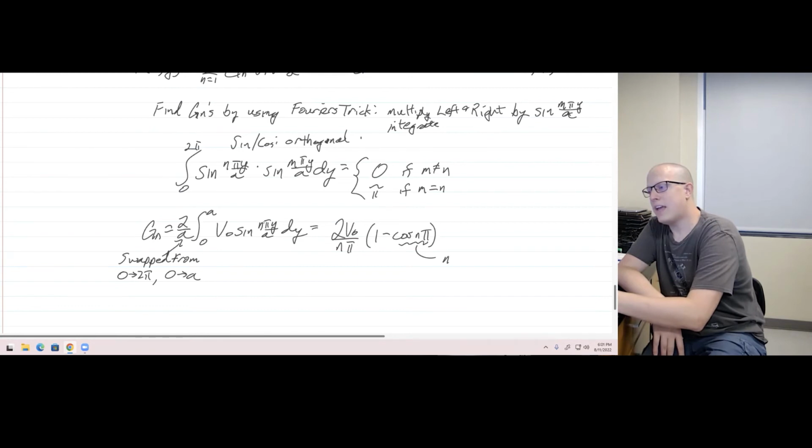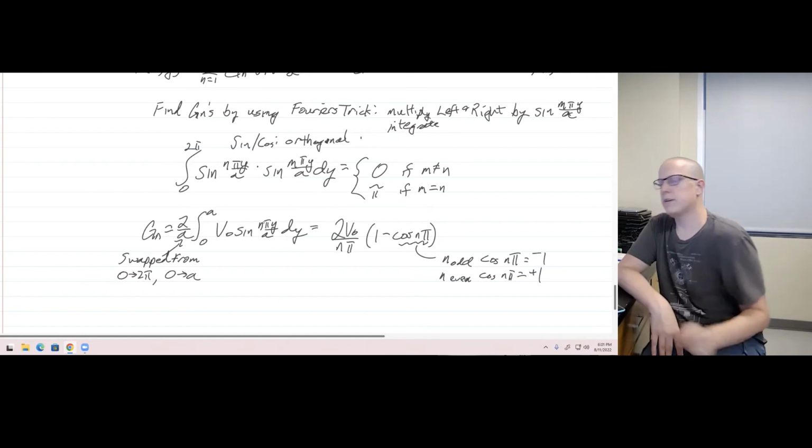When n is odd, cosine of n pi is equal to -1. And when n is even, cosine of n pi is +1.